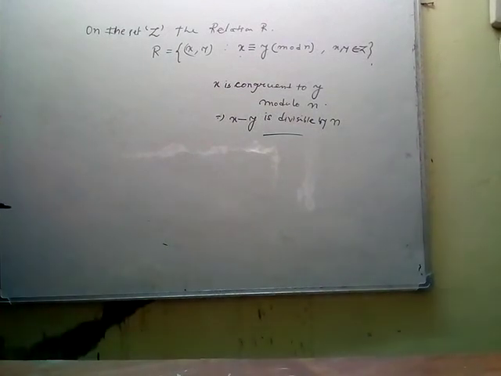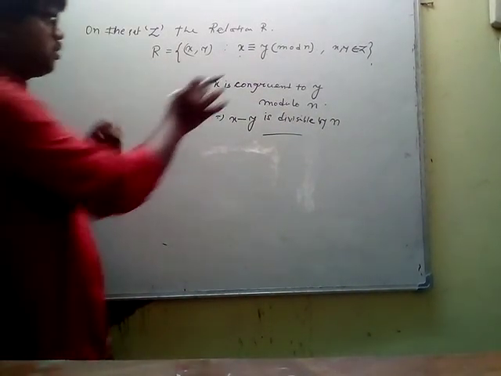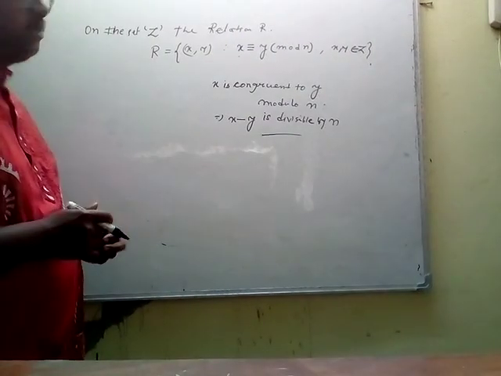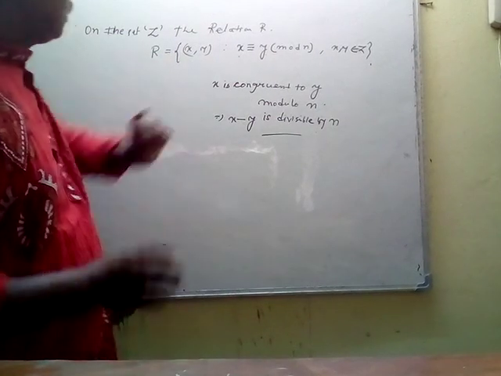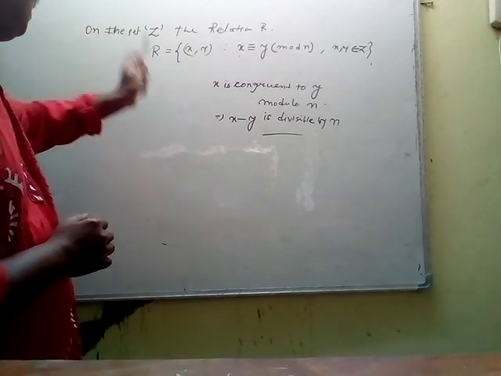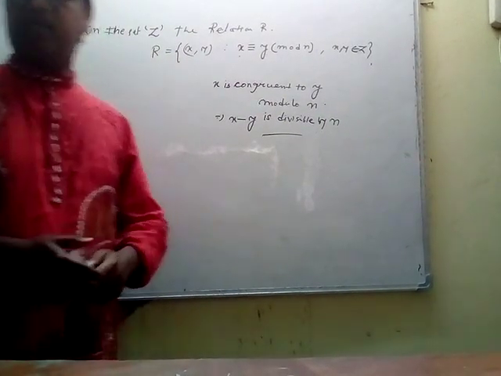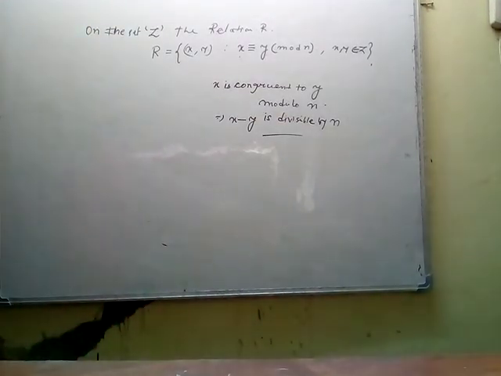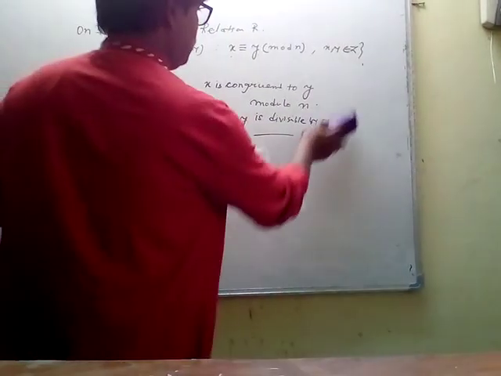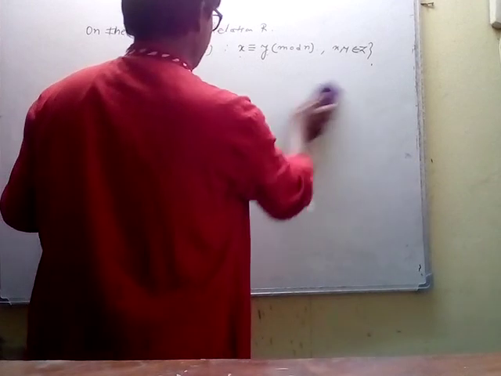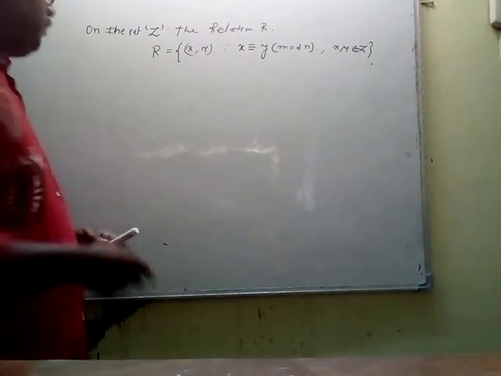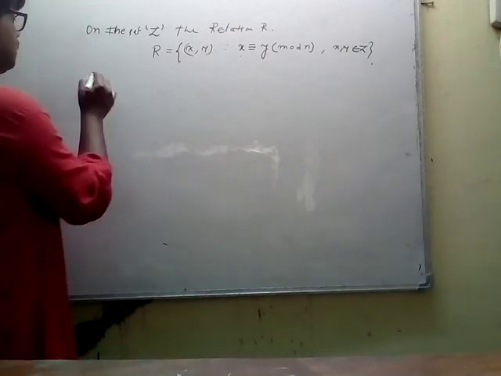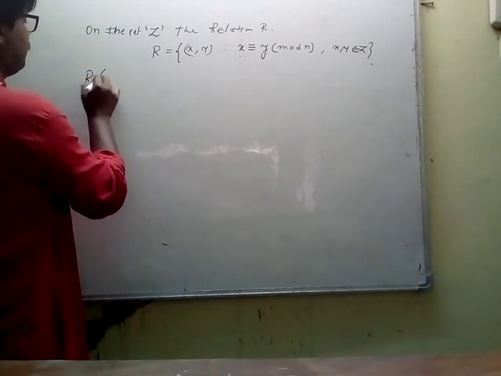Now we have to show that R is an equivalence relation. To show R is an equivalence relation, we have to show that R is reflexive, symmetric and transitive.